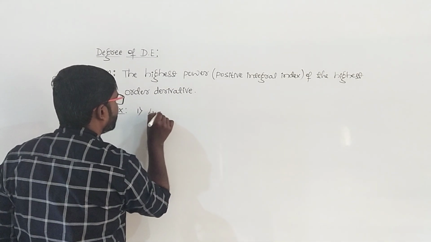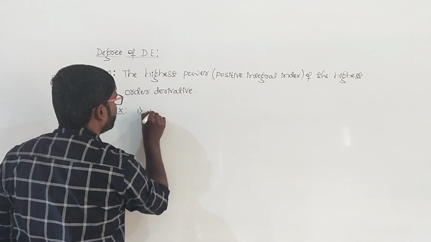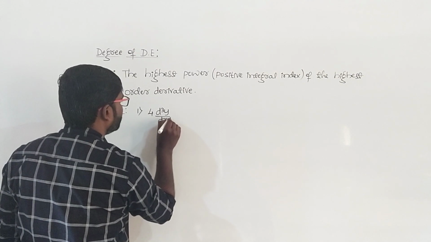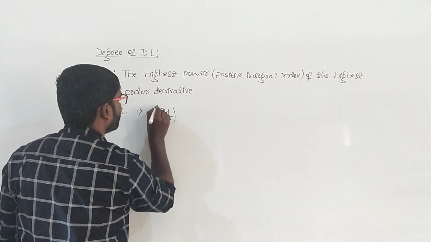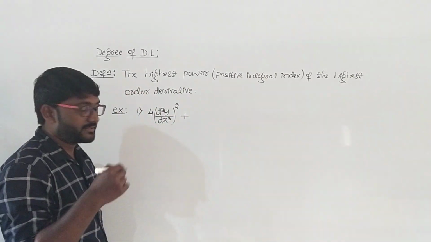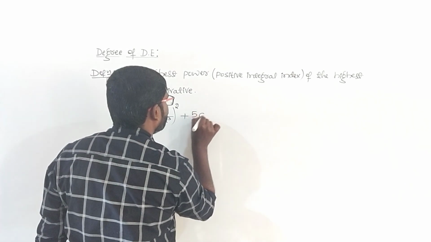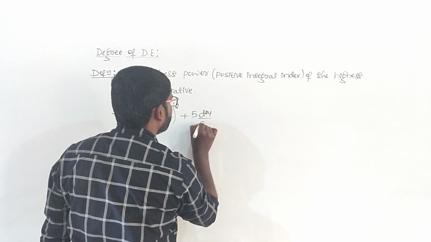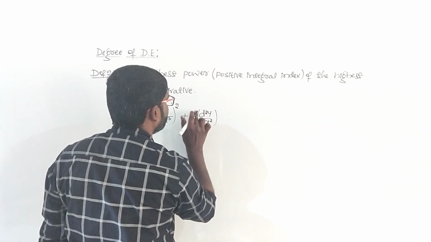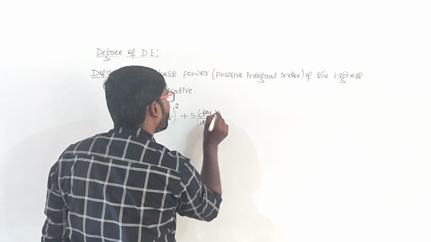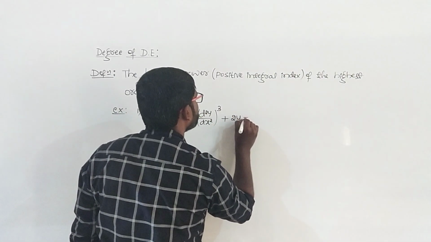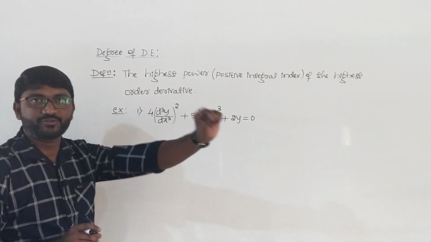We'll take 4 times (d cube y by dx cube) whole raised to 2, plus 5 (d square y by dx square) whole raised to 3, plus 2y which is equal to 0.